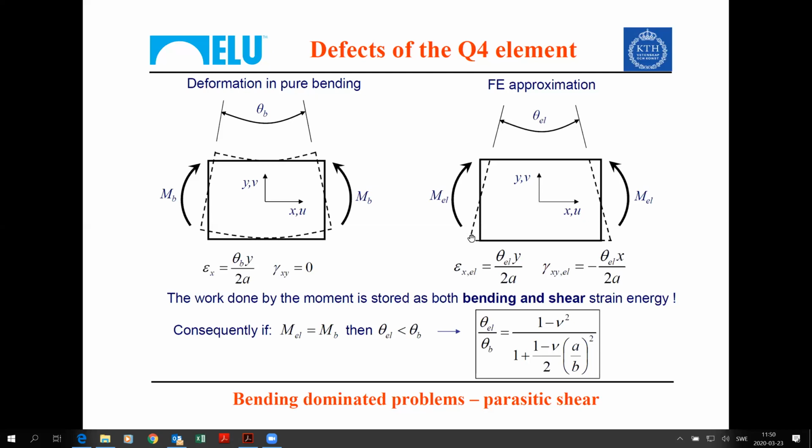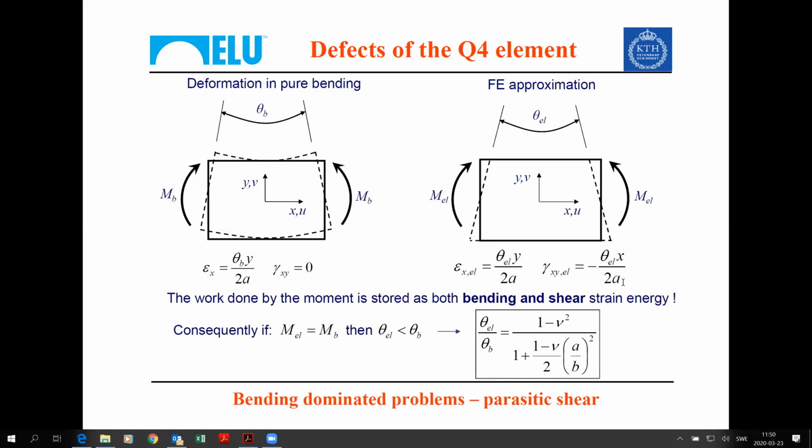This will be changed. And this is changed through a shear strain. It's the shear strain changing this angle so that the element can accommodate this displaced deformed shape. And this deformed shape is the only one possible because this is how we have interpolated, we have approximated our displacements. So we also have a shear deformation, which is theta element times x divided by 2a.